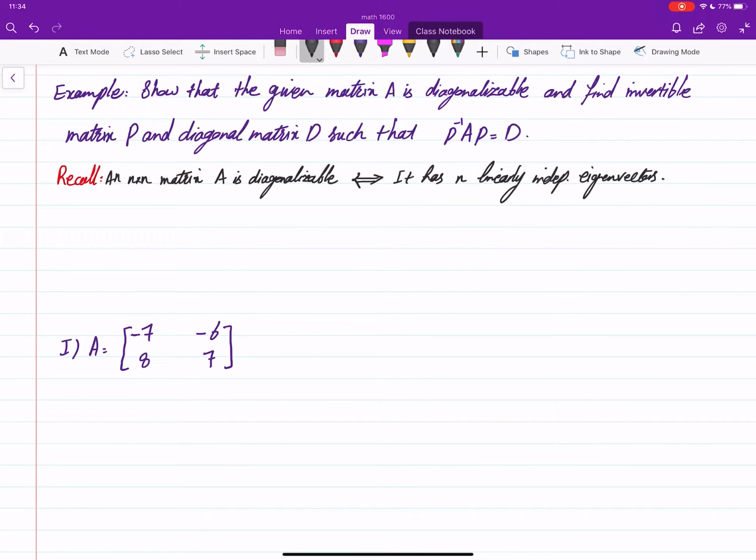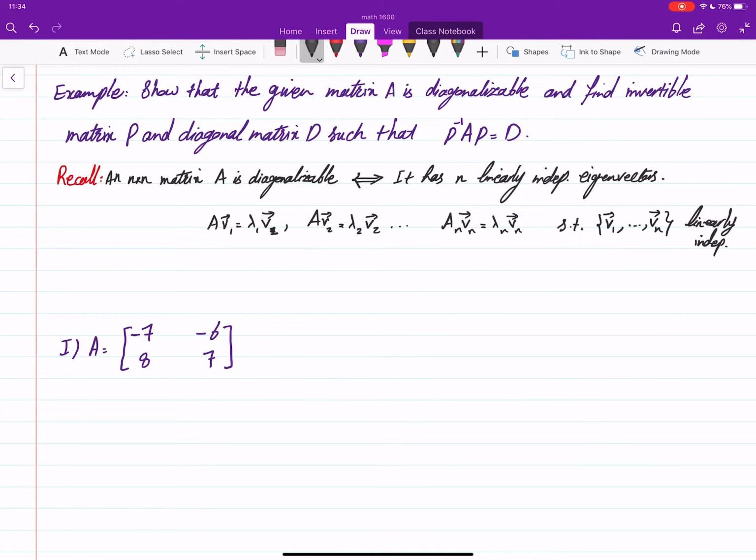In other words, if we have A v1 equals lambda 1 v1, A v2 equals lambda 2 v2, up to A vn equals lambda n vn, such that the set v1 up to vn is linearly independent.